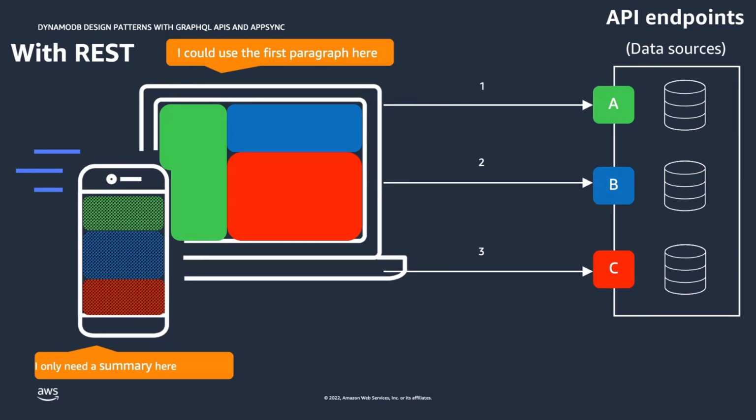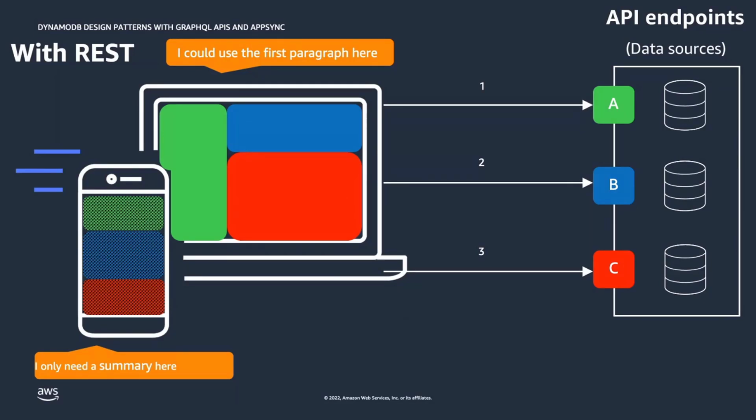But what usually happens is that you have to make separate requests for all of those resources. You also have to make these requests in sequence, especially if there are relationships between the different data types. So if there's a relationship between your data A and data B, you first have to get data A and then figure out what you need to get from data B and then figure out what you need to get from data C. So you have to do those in sequence and you've got to do multiple requests.